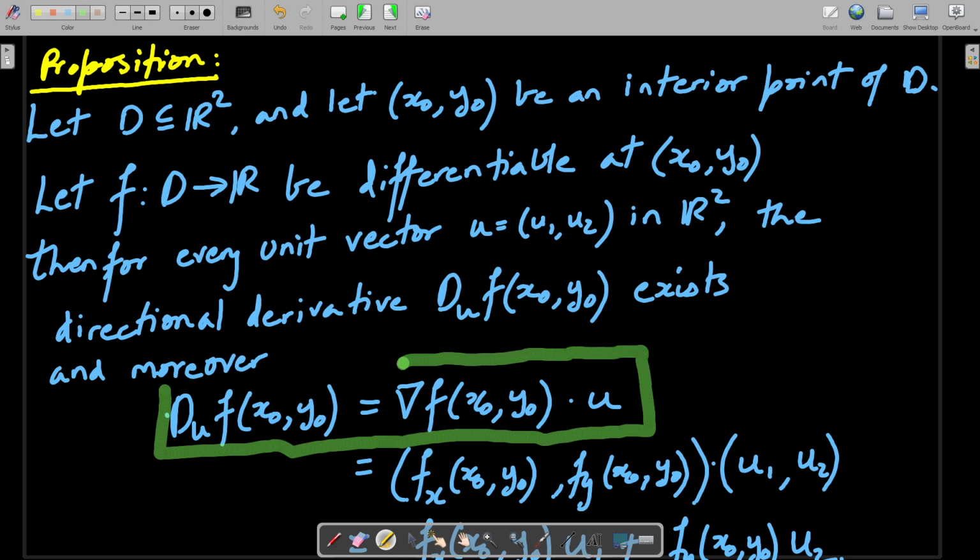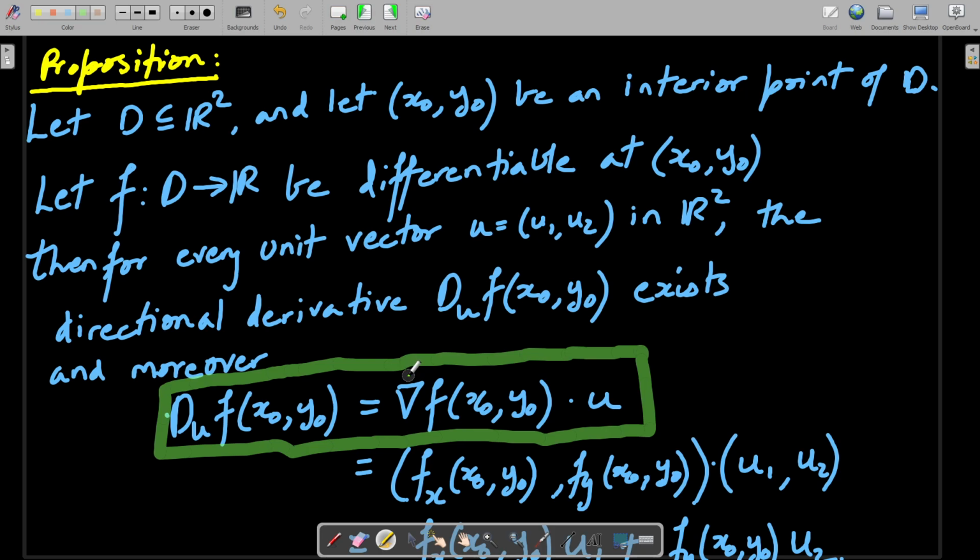Please go and check your examples on directional derivatives. So now we know that those functions which are not satisfying this property are not going to be differentiable. If a function does not satisfy this property, it will not be differentiable, because if it is differentiable, then it should satisfy this property.